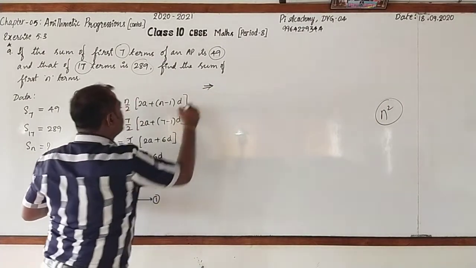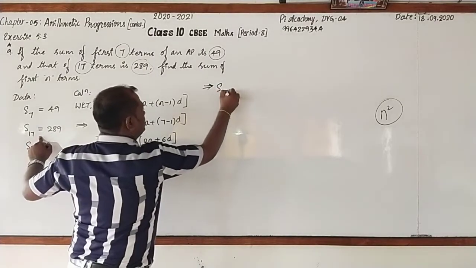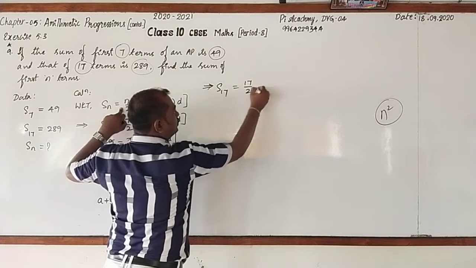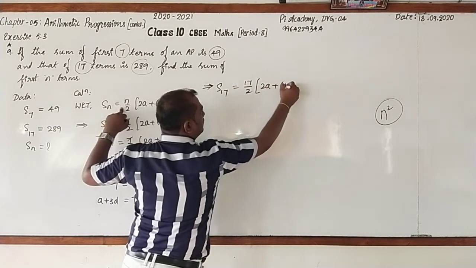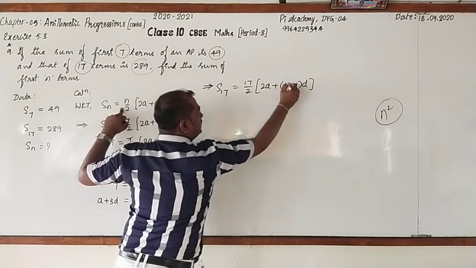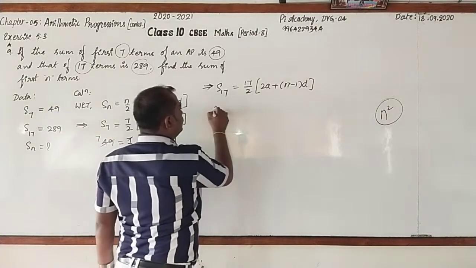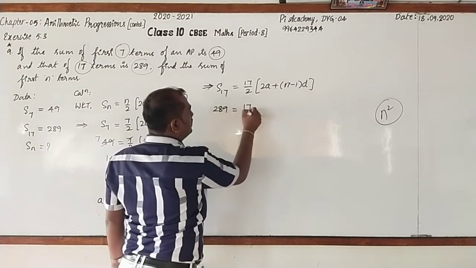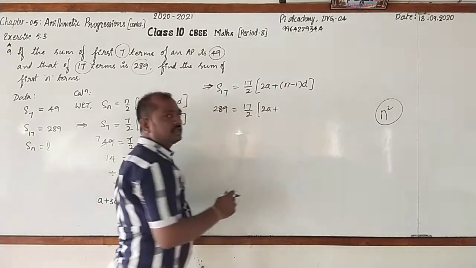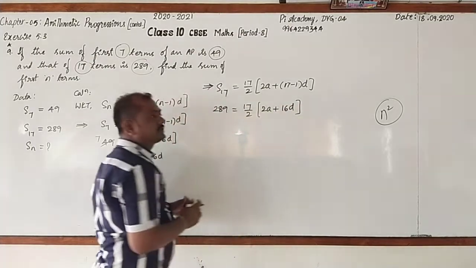Similarly, let us go for 17. S17 is equal to 17 by 2 into 2a plus n minus 1 into d, where n is 17. What is S17? This is 289, which is equal to 17 by 2 into 2a plus, what is 17 minus 1? It is 16 into d, 16d.